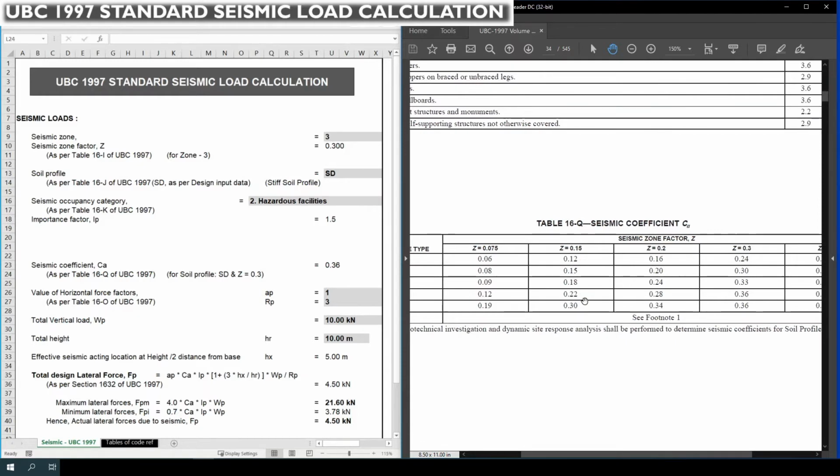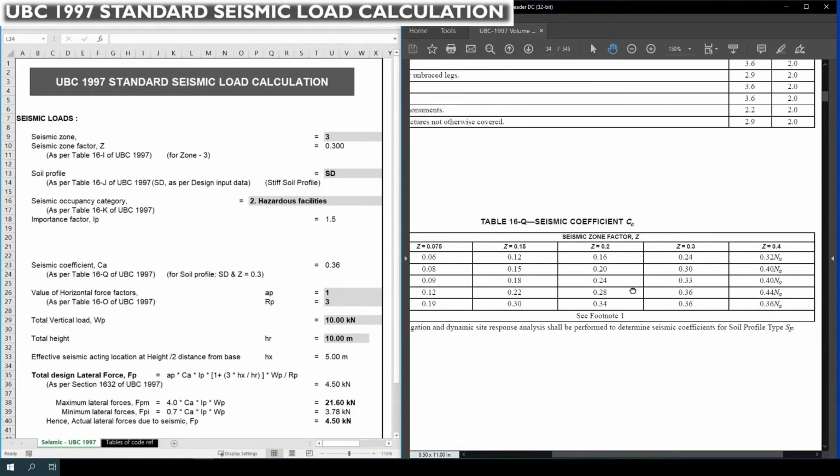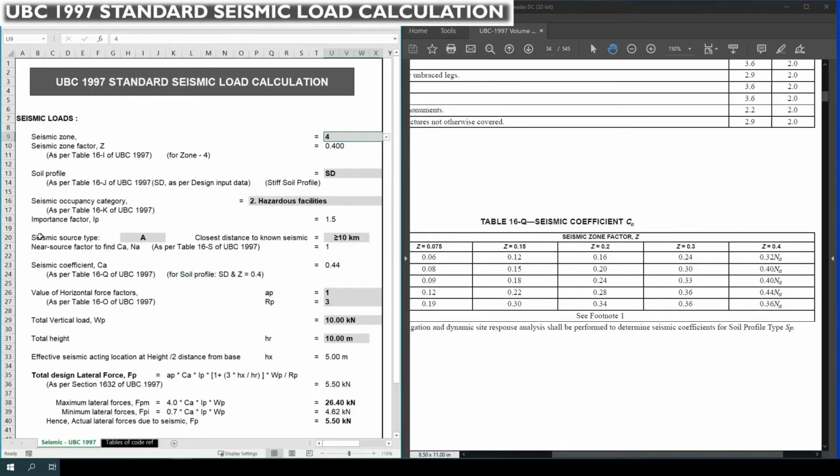In our case we had selected seismic zone 3. Suppose the seismic zone is 4, we need to calculate another value called the near source factor. This near source factor is mainly applicable only for seismic zone 4.